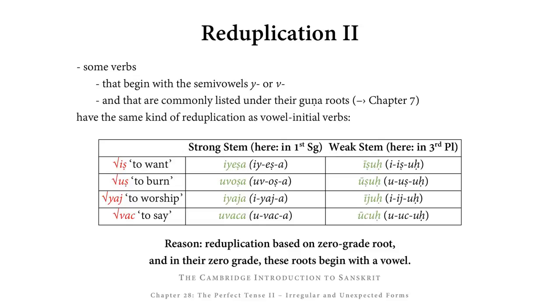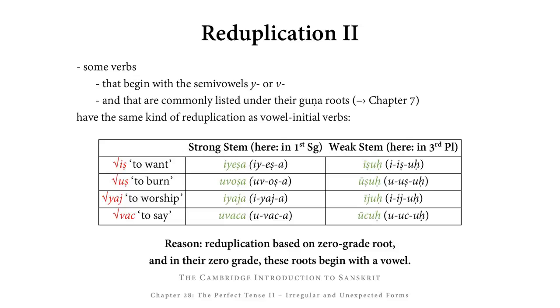Then similarly with vach, we find the reduplicative syllable u, and then the root in zero grade, which is uch, and then our ending us, and u-uch-us is contracted to uchus.